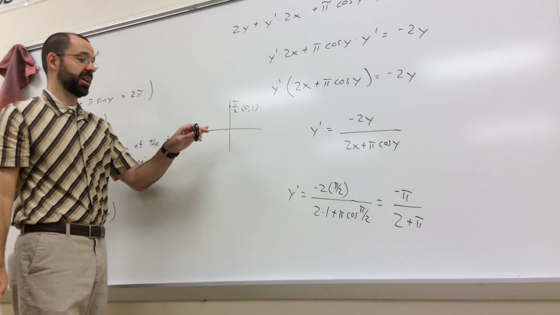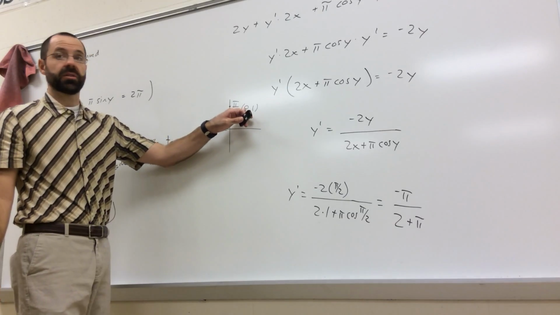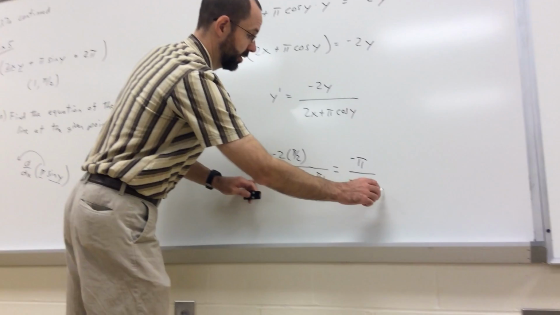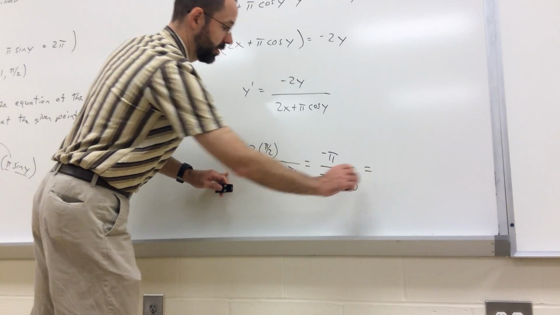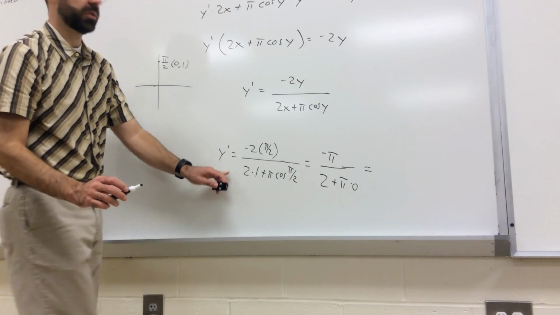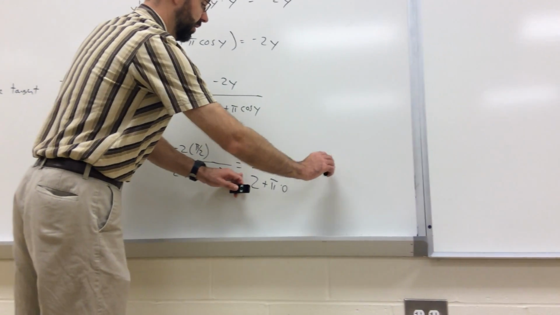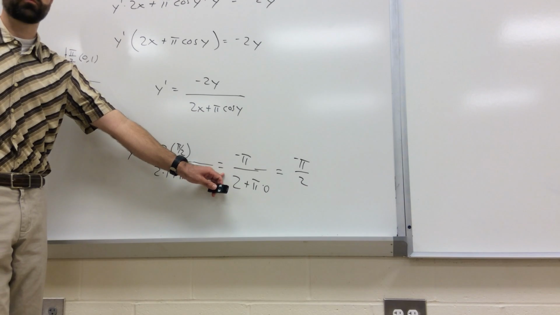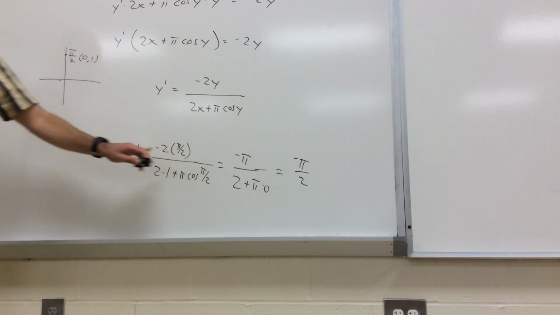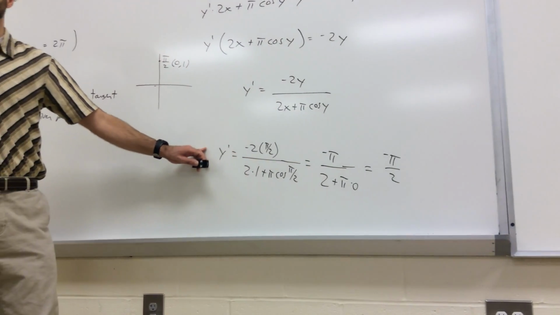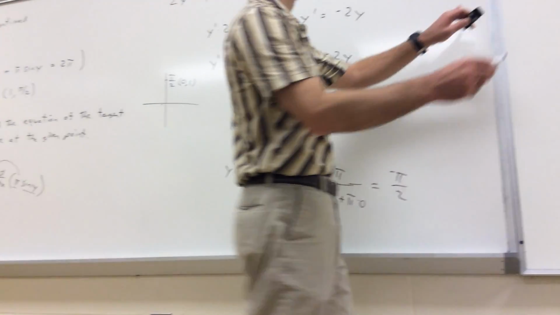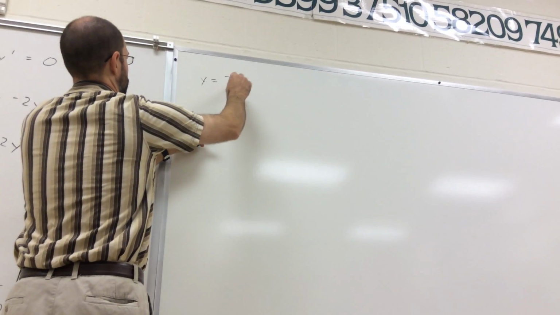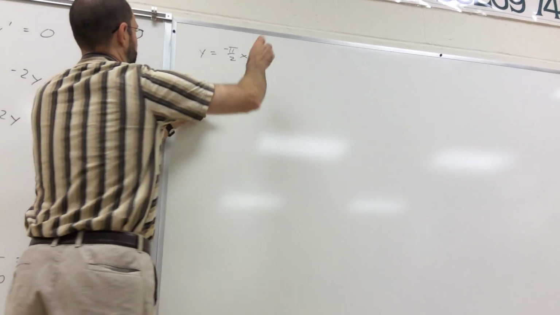And then remember, the cosine is the x value, so the cosine is 0. So that's pi times 0. So the slope comes out to -pi over 2. Okay, so that's the slope of the tangent line. So that goes in for the m in the equation for our line.